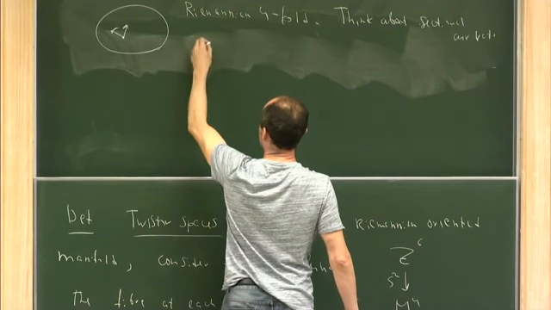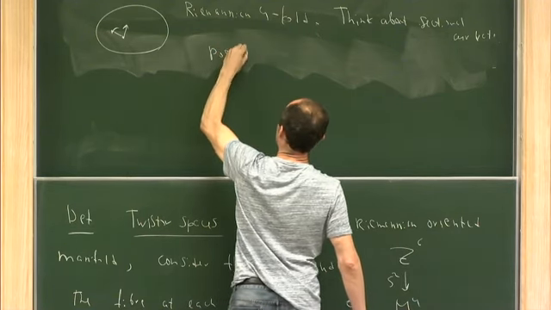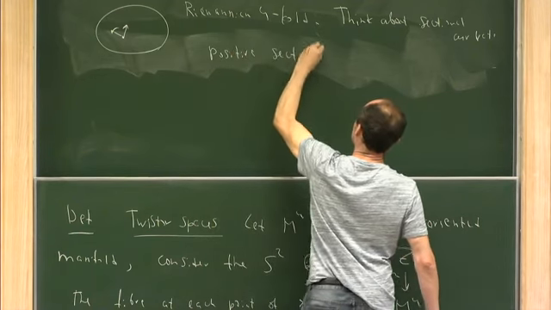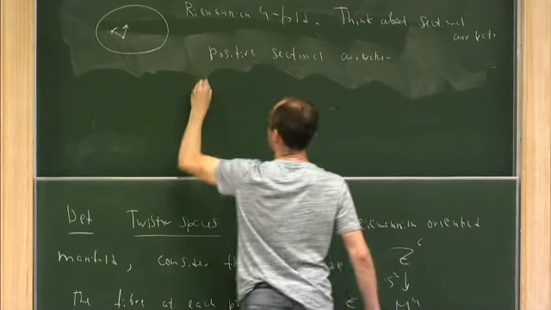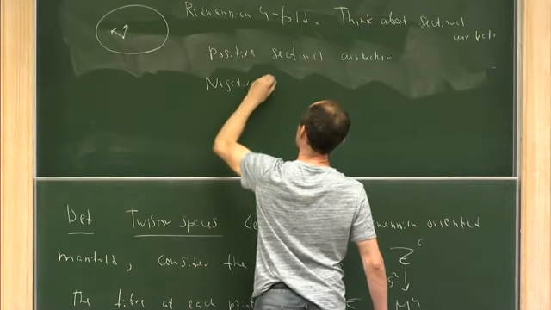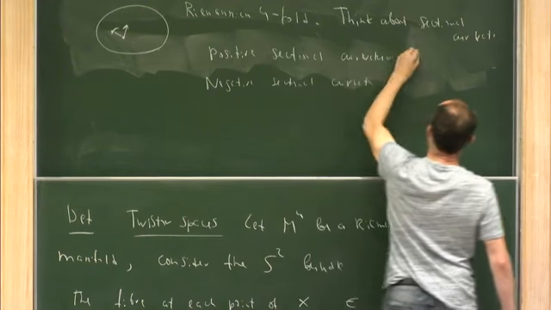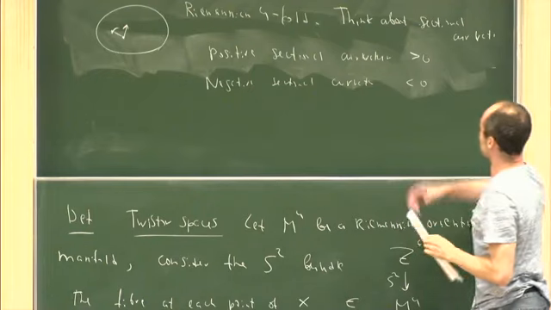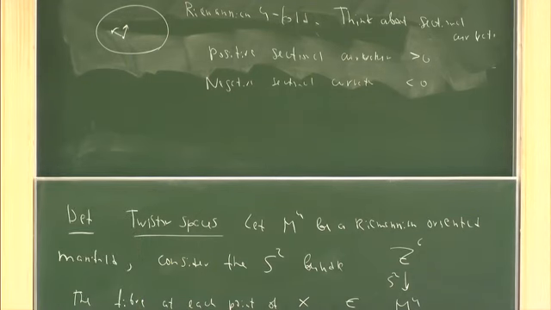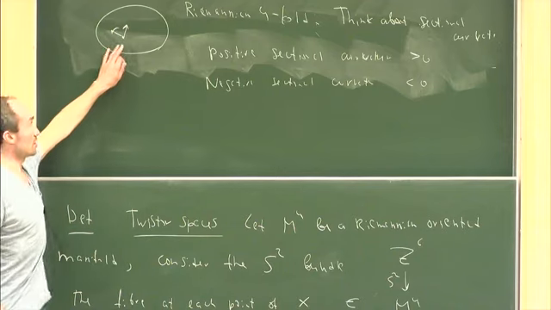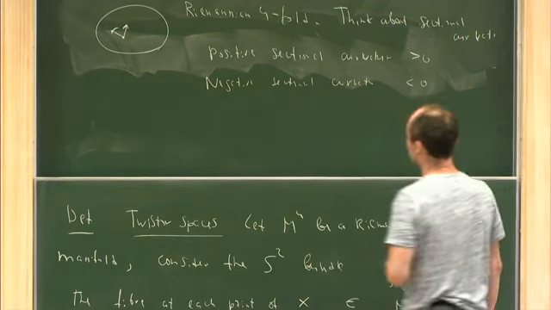Either we have positive sectional curvature, or negative sectional curvature. So it is more than zero or less than zero. And note that only manifolds of positive sectional curvature admit an S1 action.